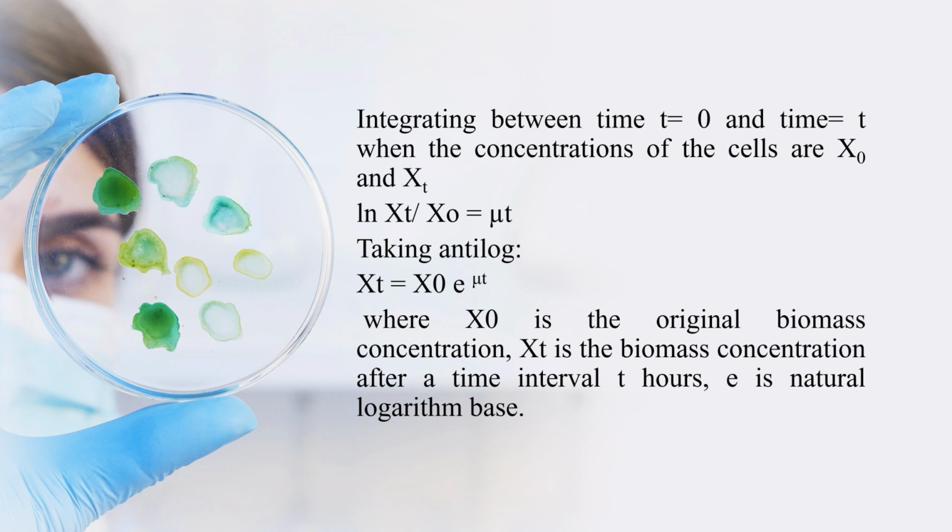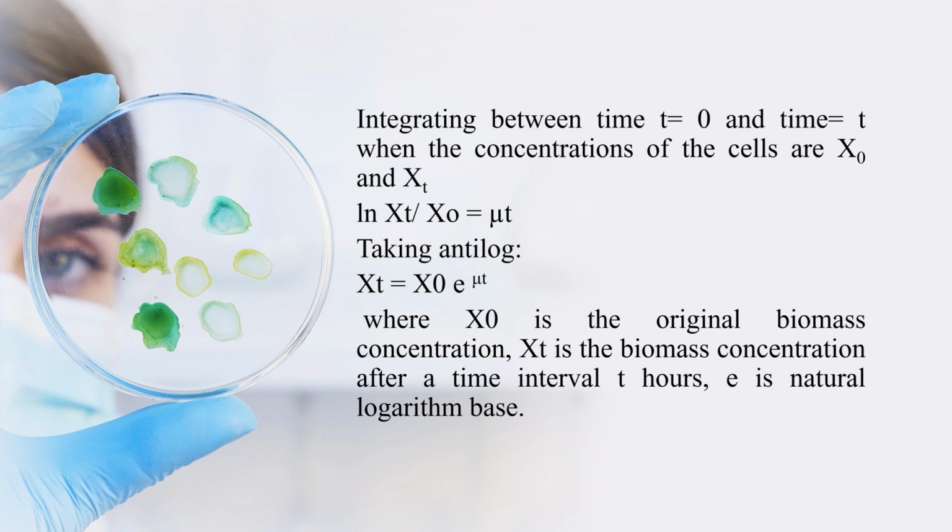If we take an anti-log, this equation after integrating becomes xt is equal to x naught e raised to the power mu t, where x naught is the original biomass concentration, xt is the biomass concentration after a time interval of t hours, and small e is the natural logarithmic base.